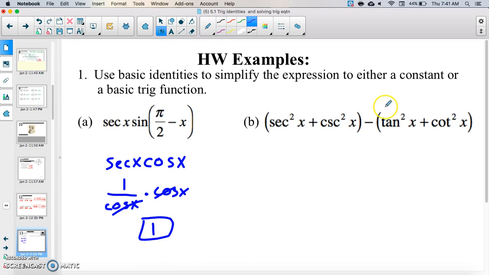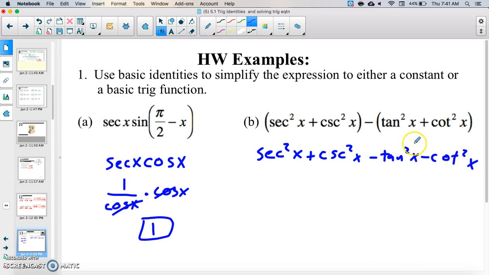So that's pretty nice. Over here, I'm going to start with distributing that negative. So I'm going to have secant squared x plus cosecant squared x minus tan squared x minus cotan squared x. So far I'm not seeing anything I can simplify, but we learned an identity for what secant squared x equals.